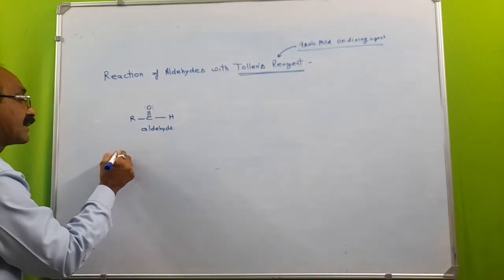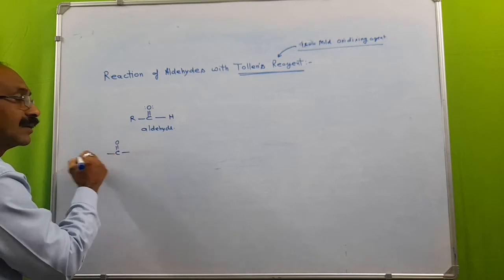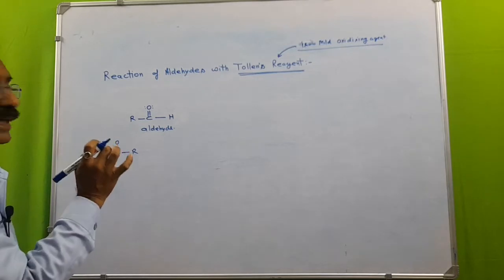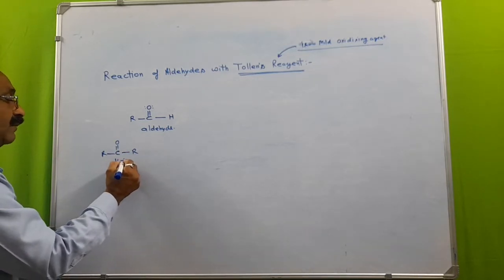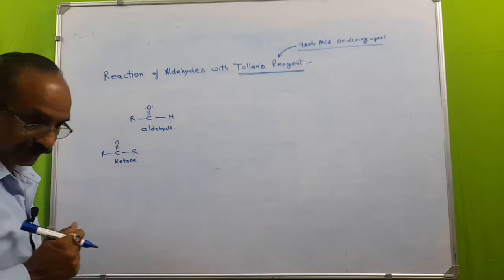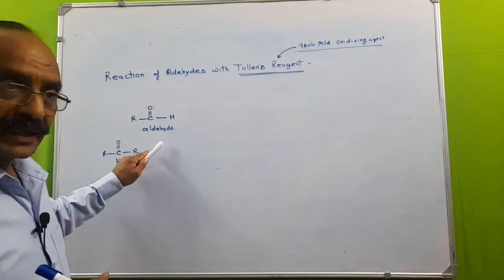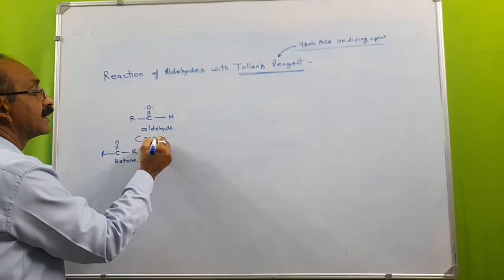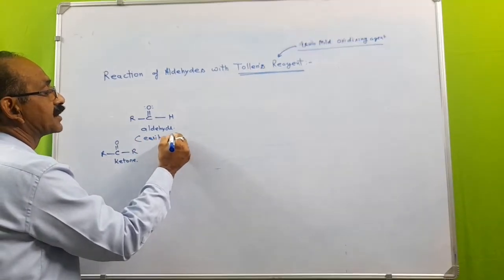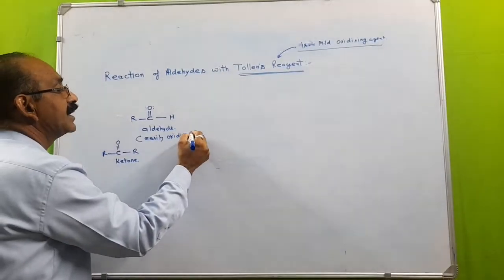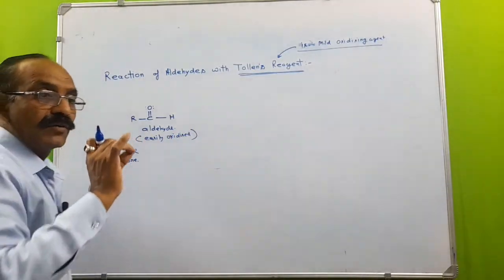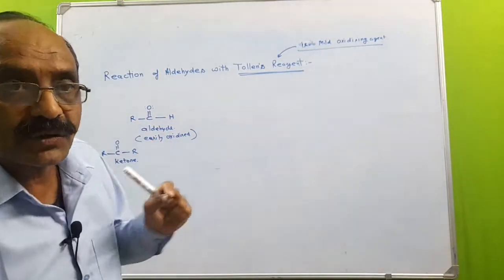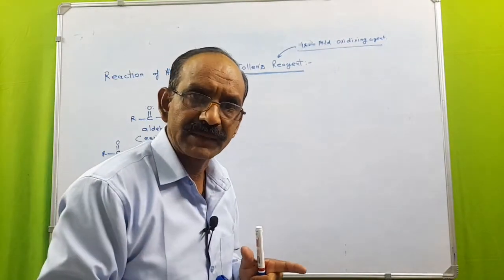If at the carbonyl carbon there is no hydrogen, and on both sides I am adding an alkyl group, this one will be called ketone. See, these aldehydes can be easily oxidized. Even we can oxidize the aldehydes by using a very, very mild oxidizing agent.